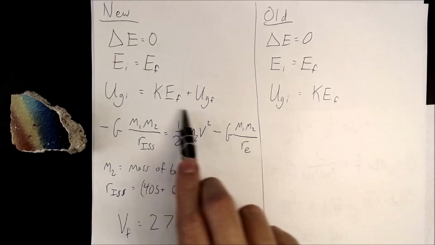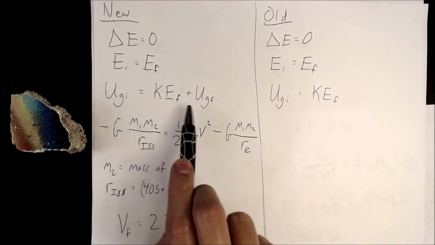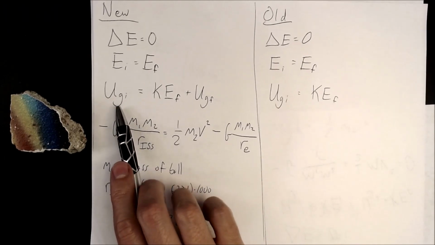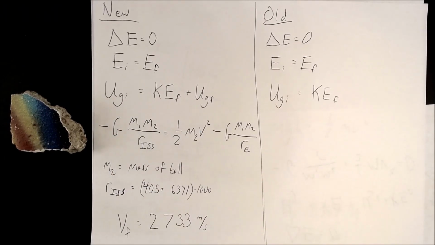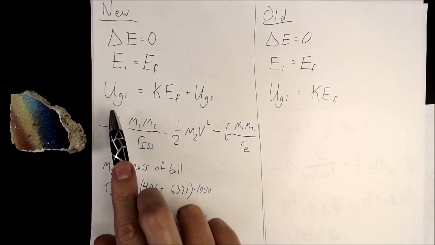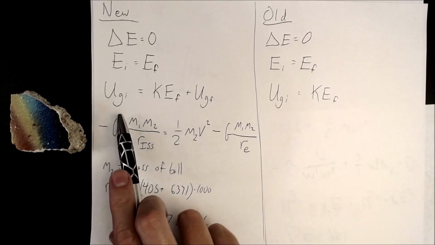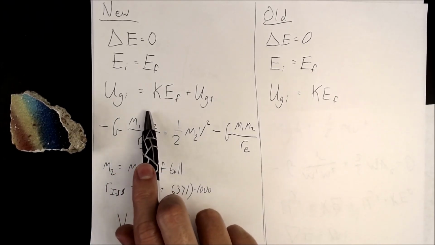That stands in contrast to what we did over here, where we do not have a choice on where to set the 0 gravitational potential energy. The equation itself tells us that something only has 0 gravitational potential energy when it is at a distance of infinity.